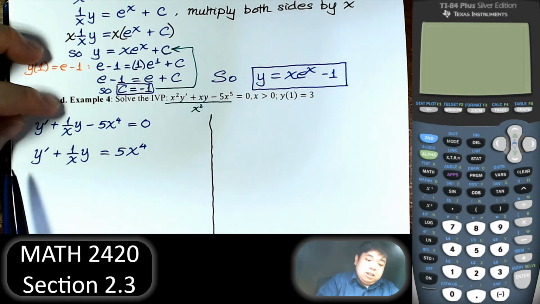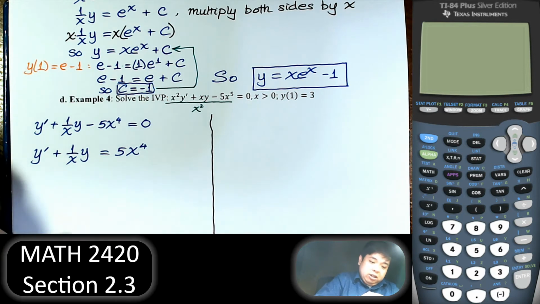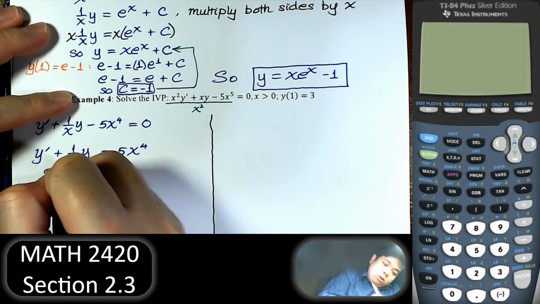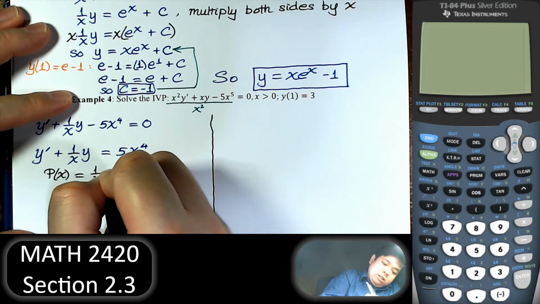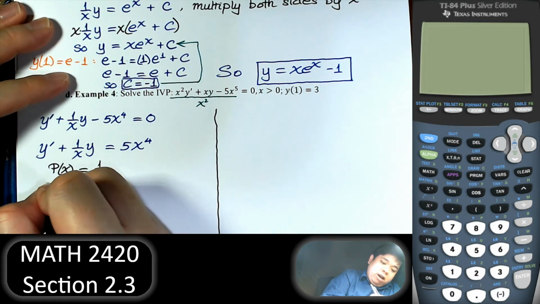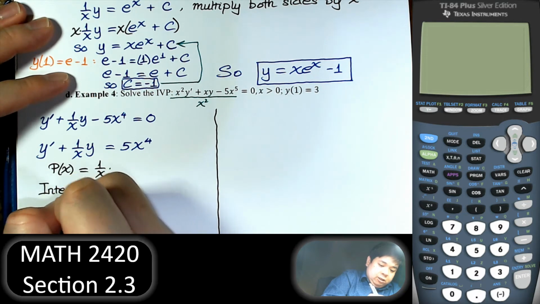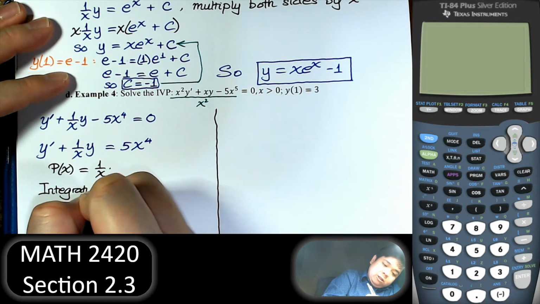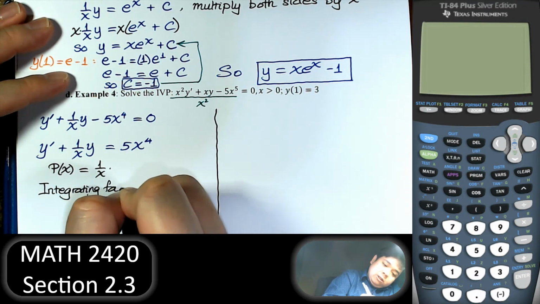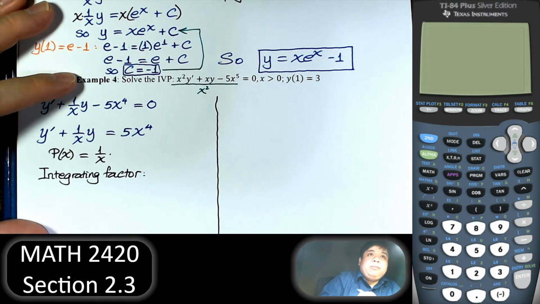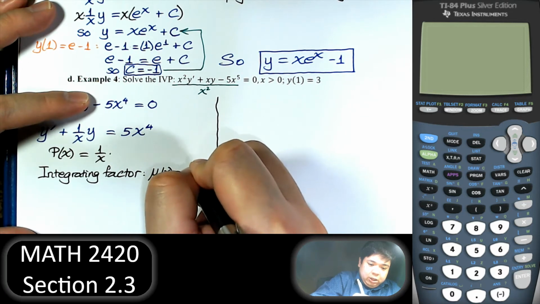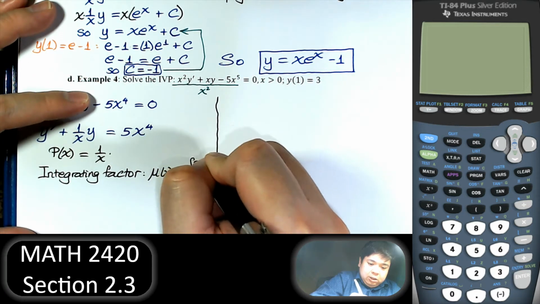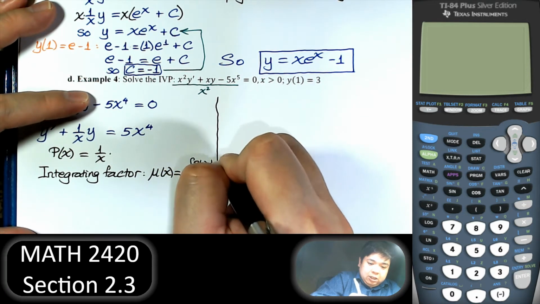Next, this is in the standard form, right? So in the integrating factor, p of x equal to 1 over x, and integrating factor is mu of x equal to e to the integral p of x dx.